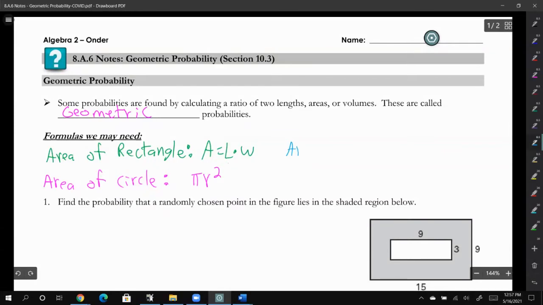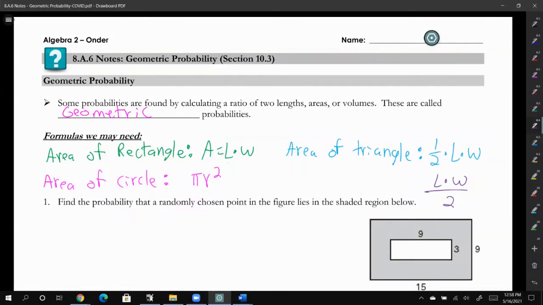And then we have area of a triangle, and the area of a triangle is the base or the length times the width multiplied by 1/2 or divided by 2. So 1/2 times length times width, or length times width divided by 2. It means the same thing.